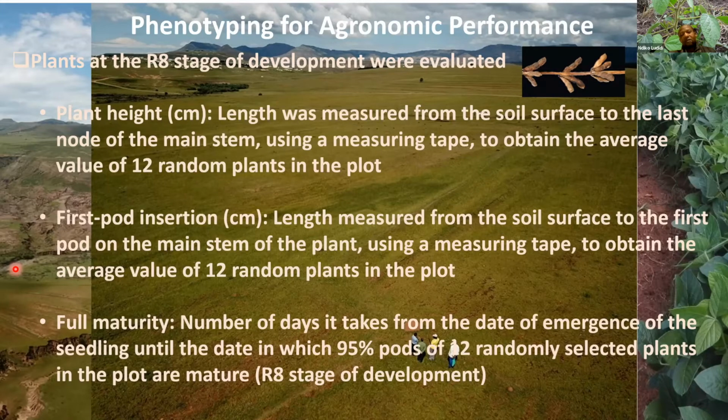This sometimes can be important because the location of the first pod from the ground can be a yield determinant, and it's actually important in cases where harvesting of the soybean is done using machines rather than by hand. It also has implications in terms of proximity to the soil, because pods that are much closer to the soil tend to be contaminated by the soil and tend to have fungi contamination from the soil. So the higher up they are, the better.